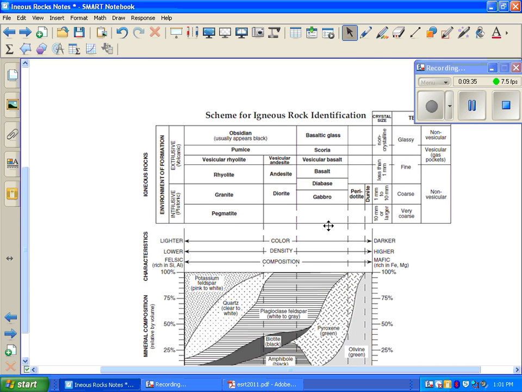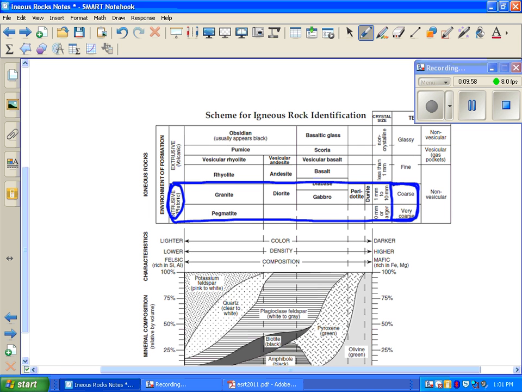This time we said that it has large crystals. Remember, if it has large crystals, we're going to say it's intrusive because it formed in the ground because crystals took a long time to grow. We could say it's coarse or even very coarse, meaning very big. So that's going to put me in this range right here. So I've narrowed down which rocks it is from that.